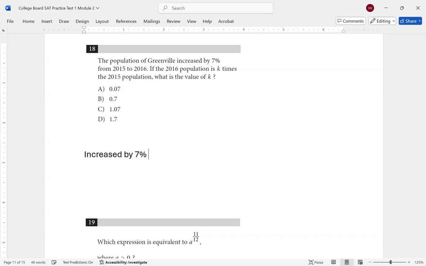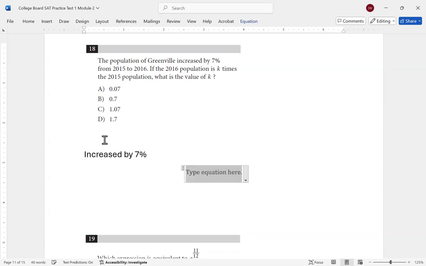by 7%, think of 7% as 0.07, but it's increased from what it used to be. So we're going to have to add on 100%. So we're going to have to multiply times 1.07. So it's increased by 7% from a base of 100%.